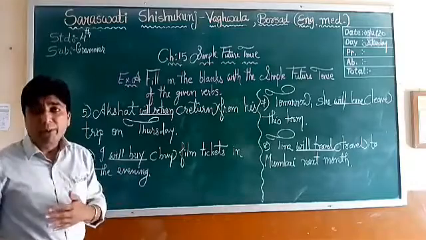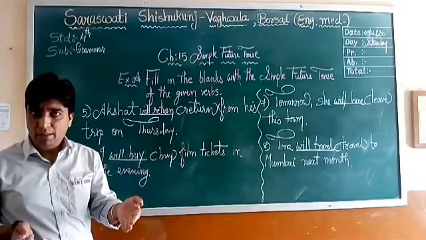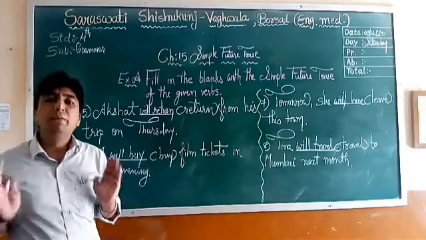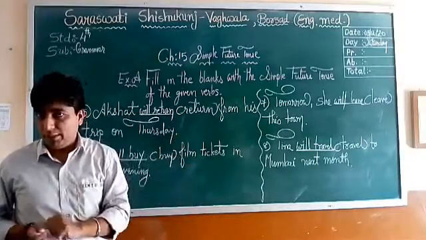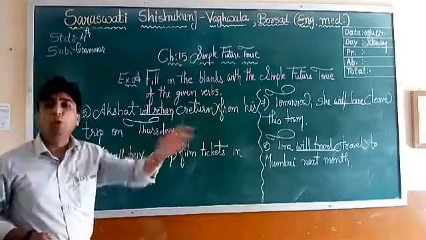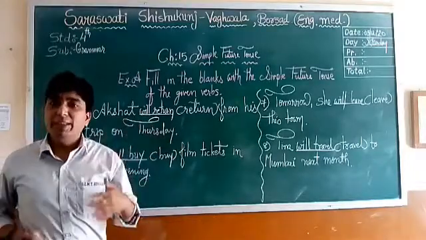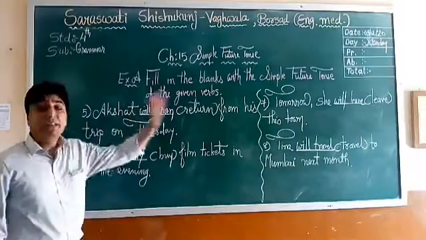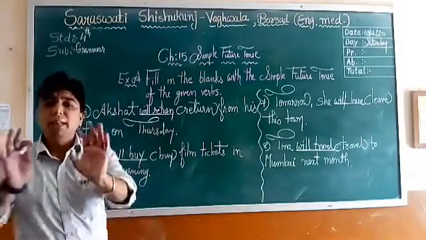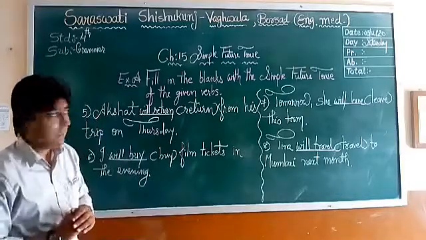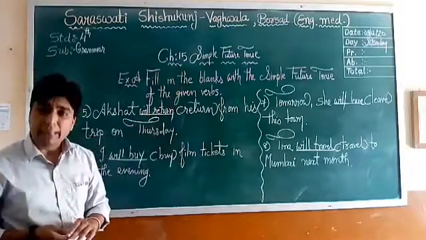The formation is: subject plus will, or shall, but we will use will, plus main form of the verb 1, plus object. I will go, you will go, she will go, he will go, it will go, we will go, they will go, Akshat will go, Tina will go, right? So will plus verb 1, that we have to remember. That is the formation of simple future tense.